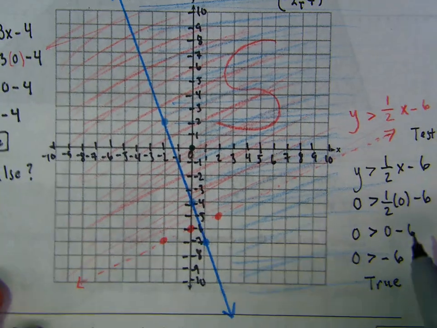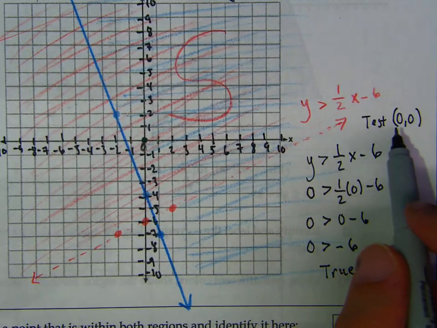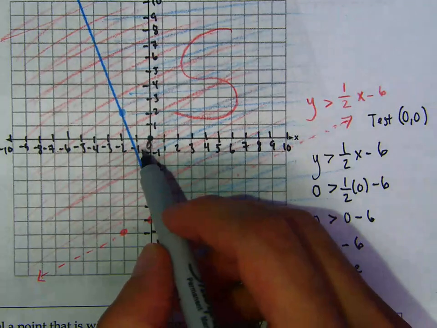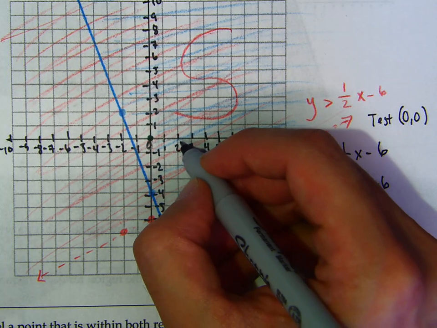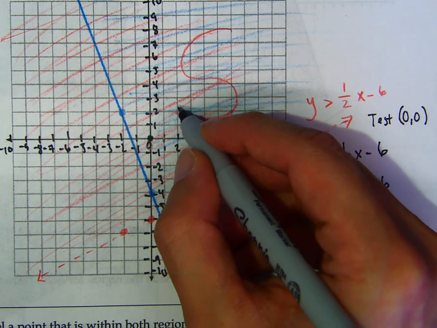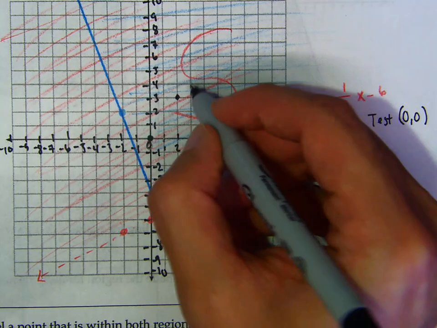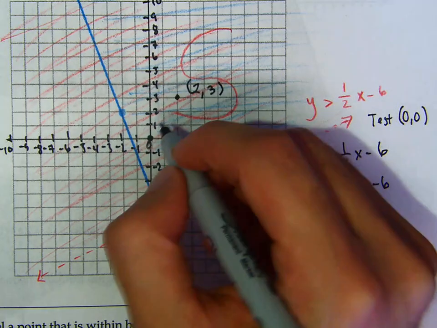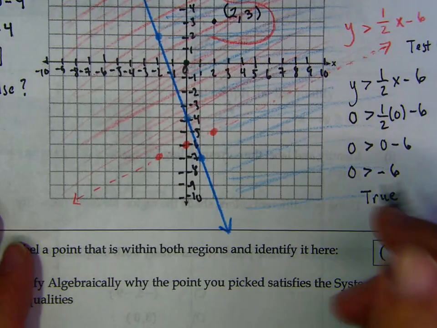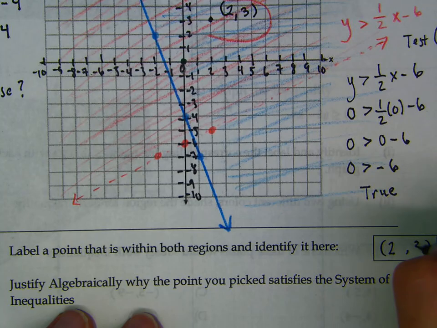Let's pick a point that is not 0, 0, because 0, 0 is in both regions. Let's pick another one, like 2, 3. You see how this point 2, 3 is in both the blue and the red section? Let's identify this as my point.